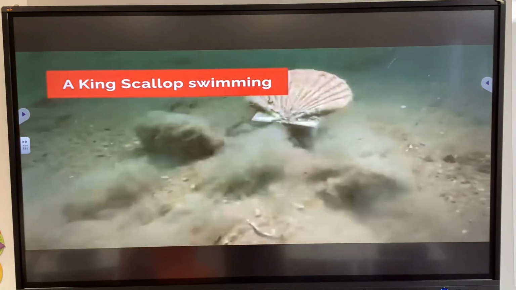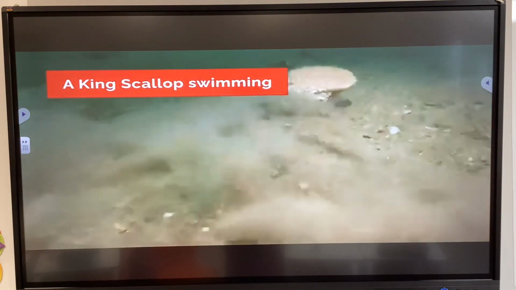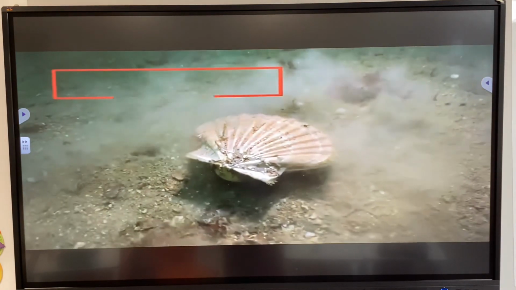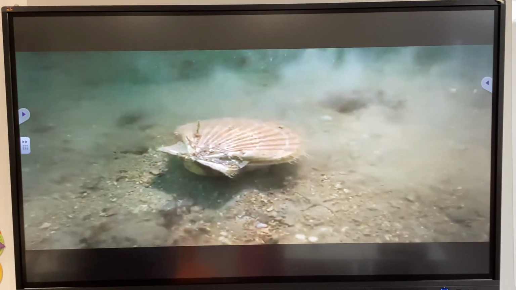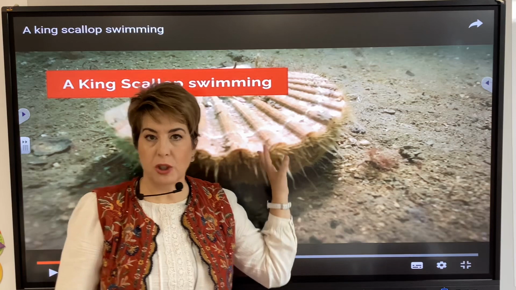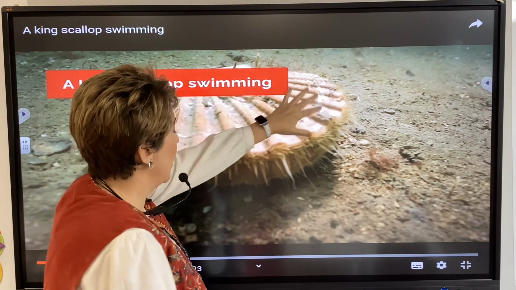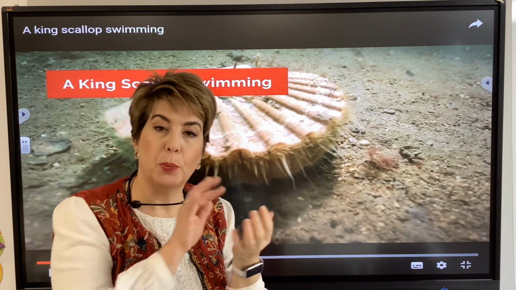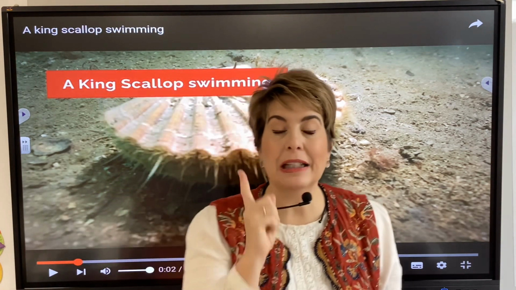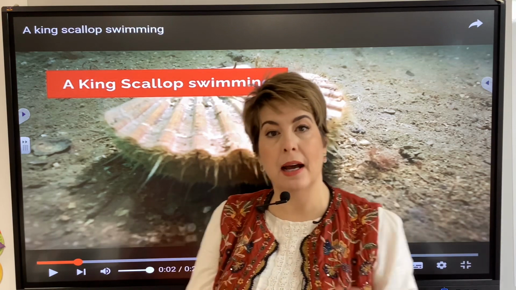It doesn't have a skeleton, so the shell protects its body. Look at how it uses its shell to move in the water. This animal that we've just seen has a shell to protect the soft body, and it's an invertebrate. It doesn't have a skeleton.